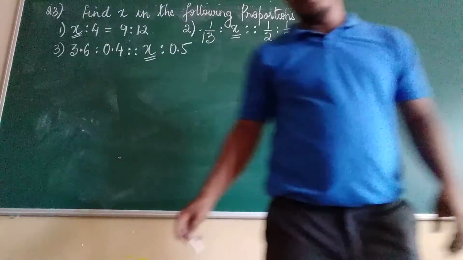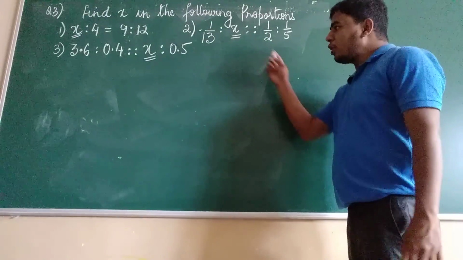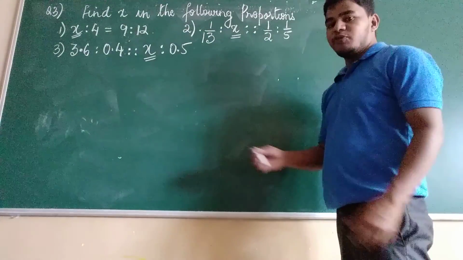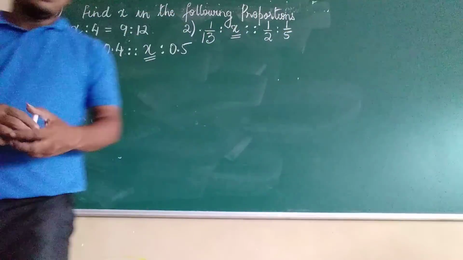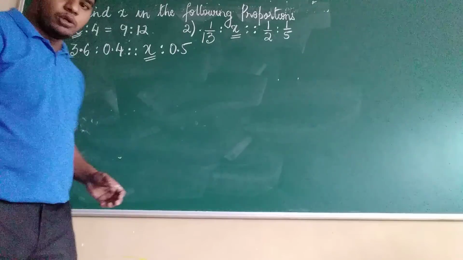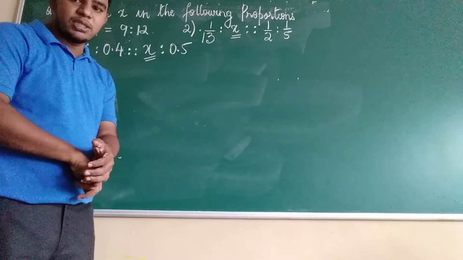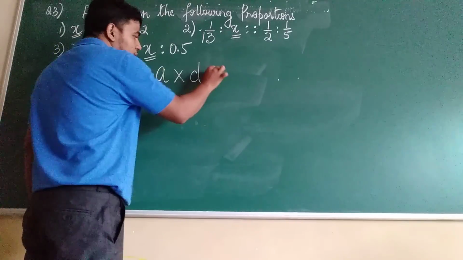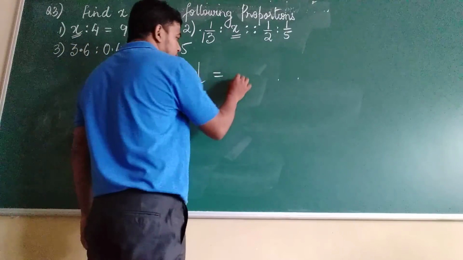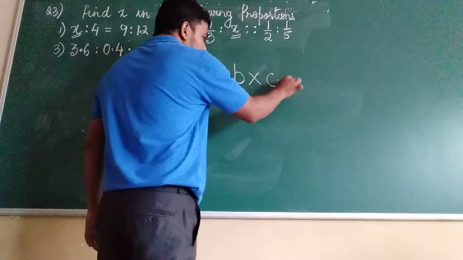Now they are saying it is already in proportion. So which formula you will use to find the value of x? What is the formula? The product of the extremes is equal to the product of the means. That is, a into d should be equal to b into c.